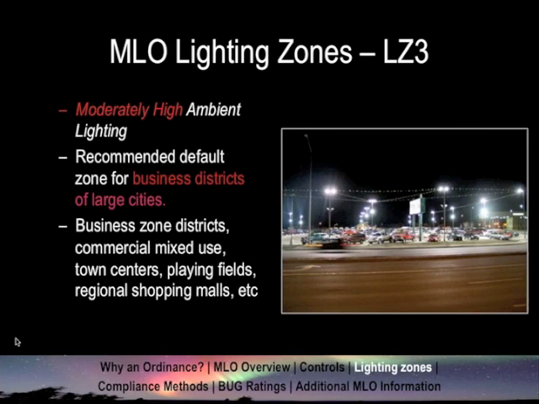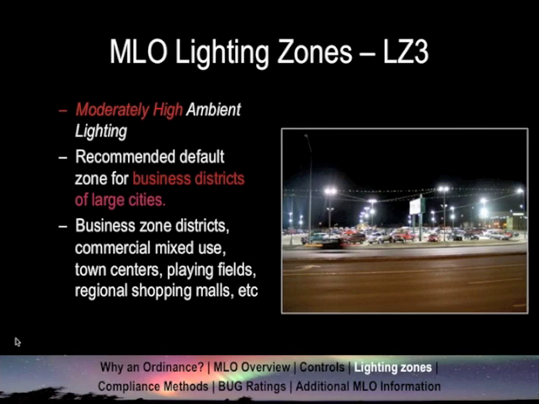It could also be if you've got shopping malls or car dealerships. Depending on how large of a city you are, this would be kind of the default for large cities, business districts. And it could even be for some playing fields, as long as they're not near a lighting zone 1 area.